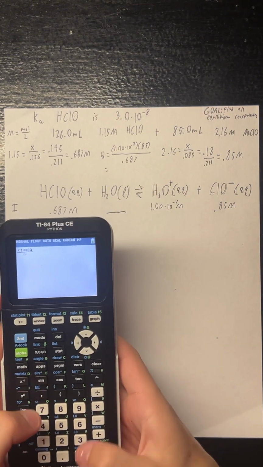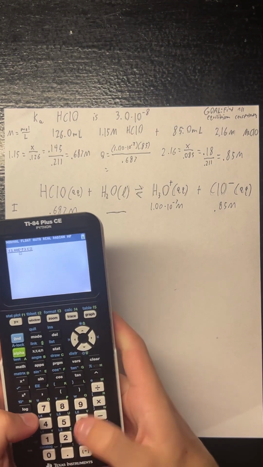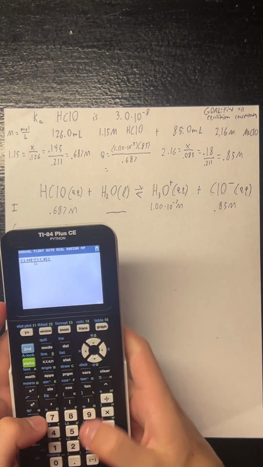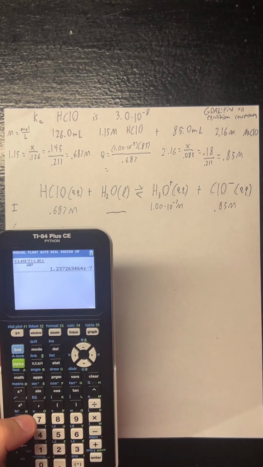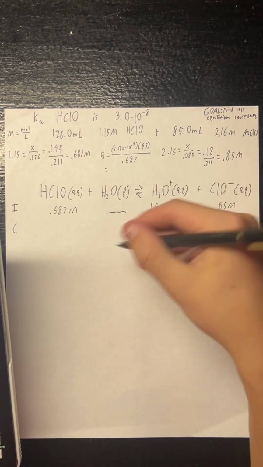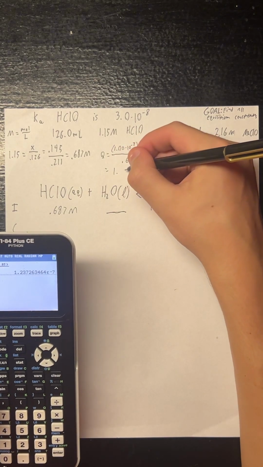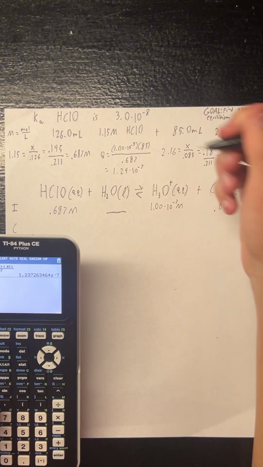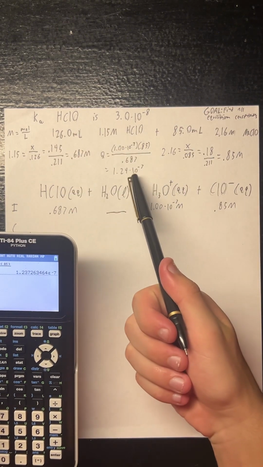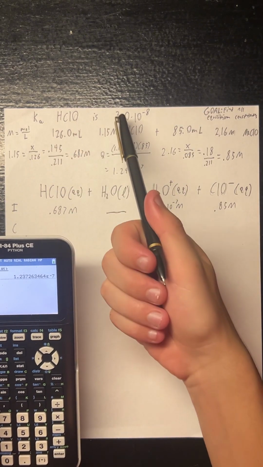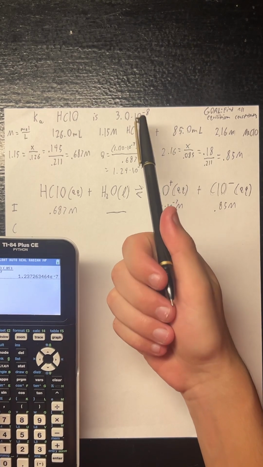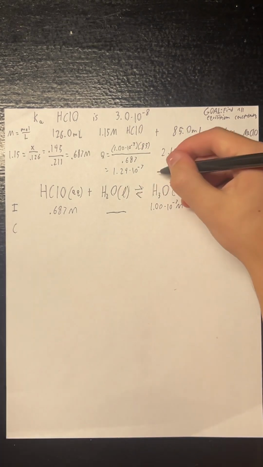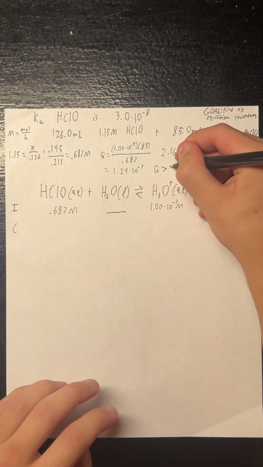We get 1.24 times 10 to the negative 7. Let's compare that with our Ka. This is greater than our Ka, since Ka is 10 to the negative 8 and this is 10 to the negative 7. So our Q is greater than Ka.